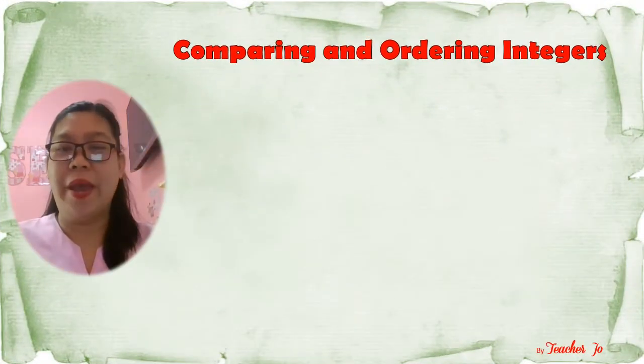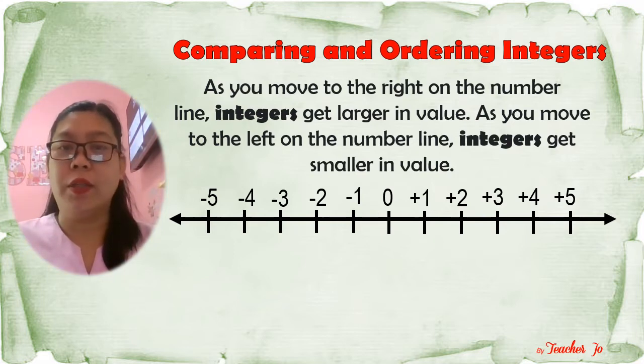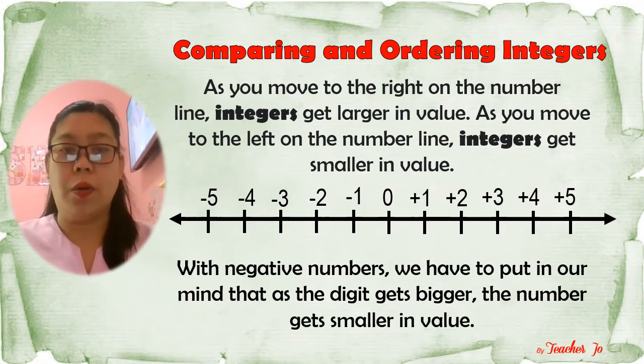How do we compare and order integers? We must remember that as you move to the right on the number line, integers get larger in value. As you move to the left on the number line, integers get smaller in value. All positive integers are greater than 0, and all negative integers are less than 0.